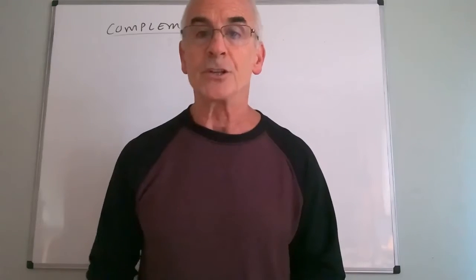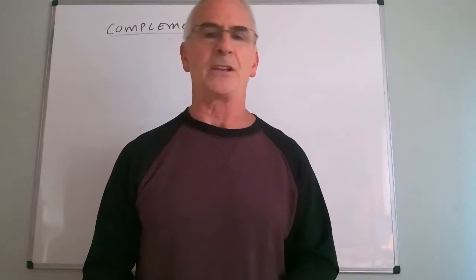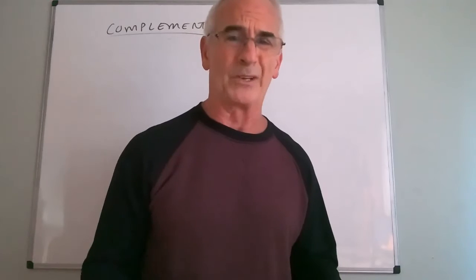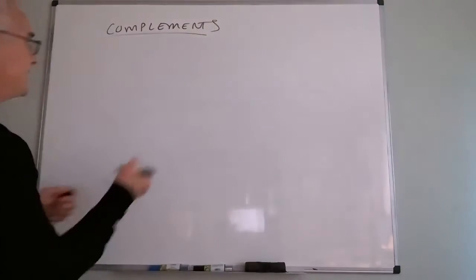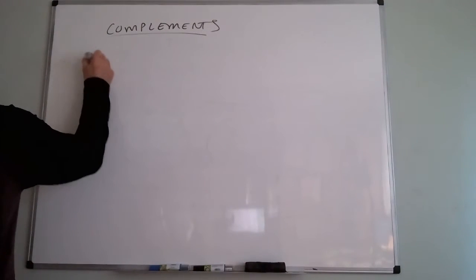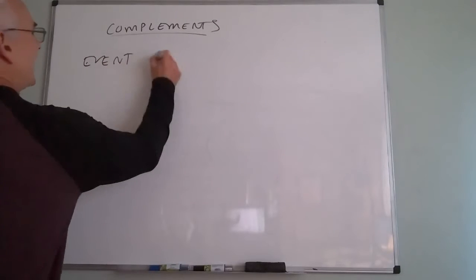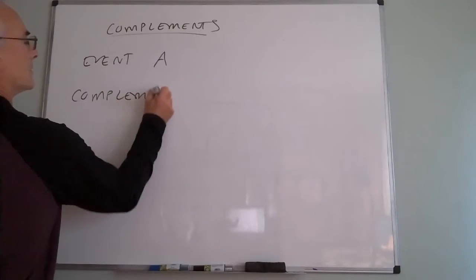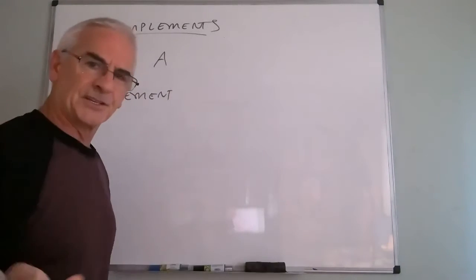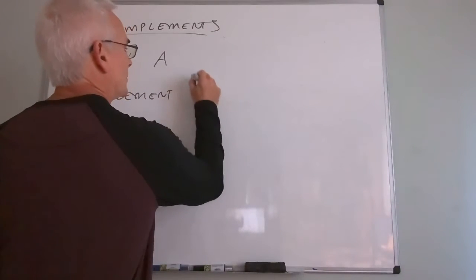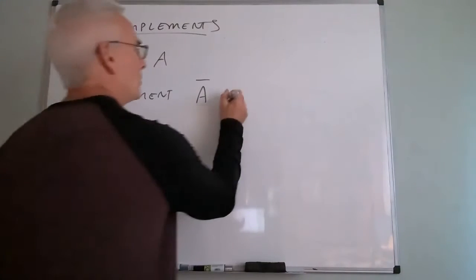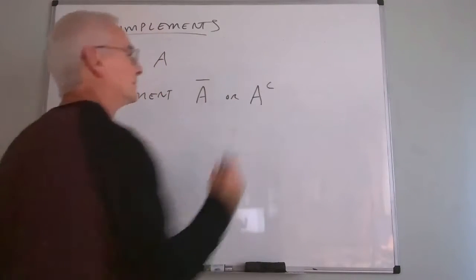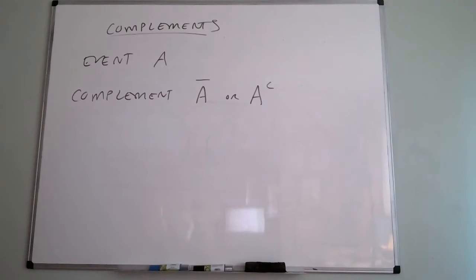Now, the notation used for complements changes from textbook to textbook. It doesn't really matter, by the way. But if I said I have event A, then for the complement there are two ways you'll see it in a textbook. Either we would put a bar over the top or we would use a superscript c for complement. I'm okay with both of these.